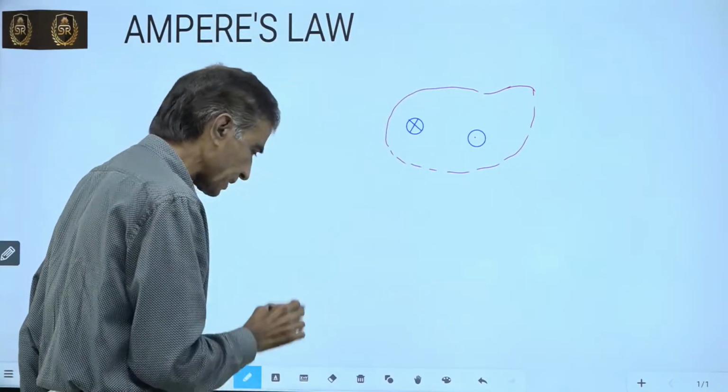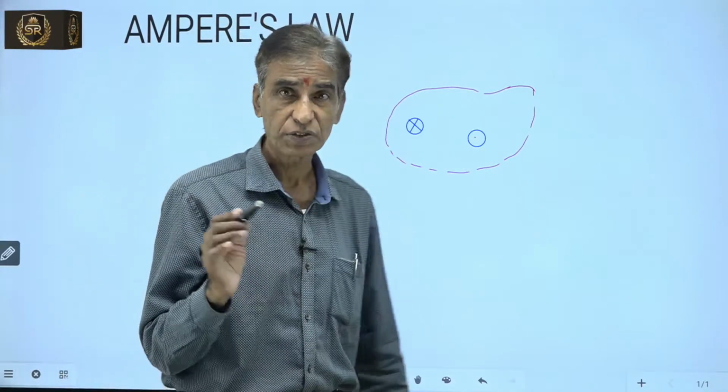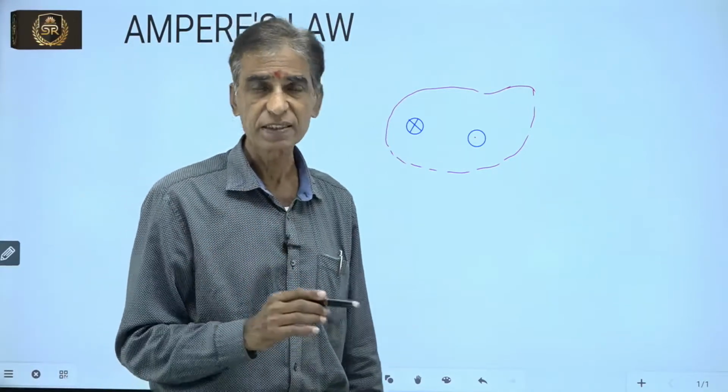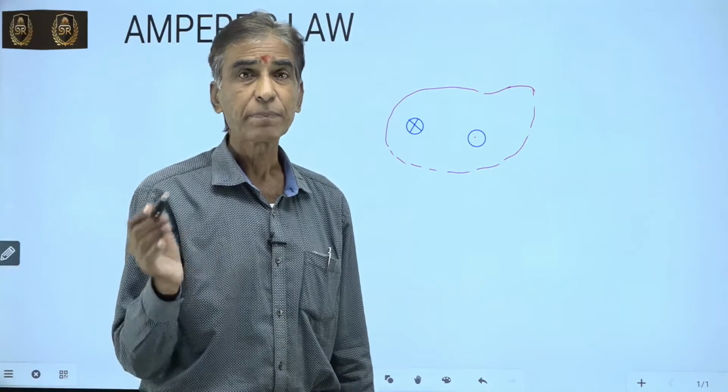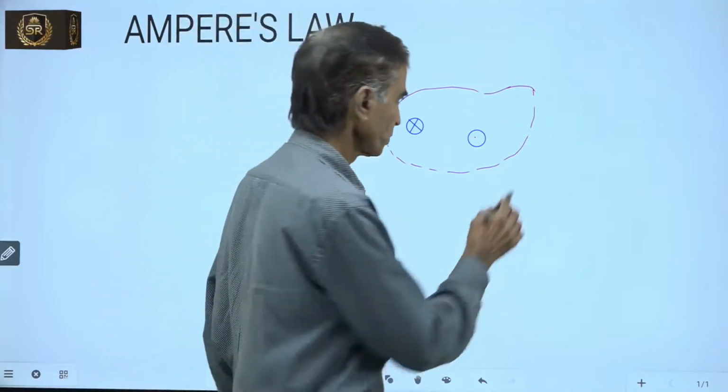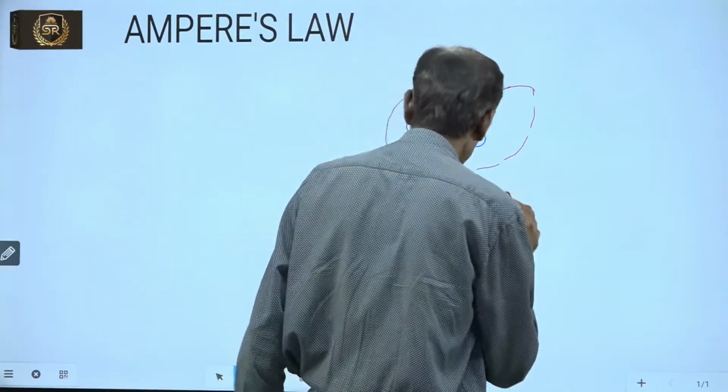This arbitrary loop which we have taken according to our convenience, we call the Amperian loop. This is known as the Amperian loop.